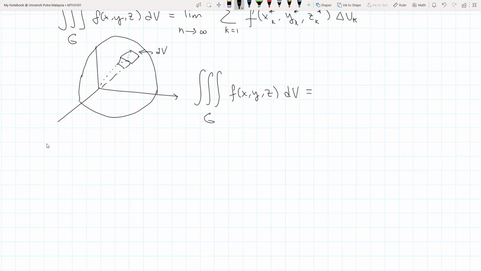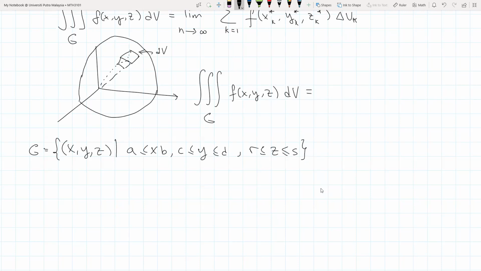Let's define G as the region for x, y, and z where x is between A and B, y is between C and D, and z is between R and S. So this is like a box, a cube-like box.